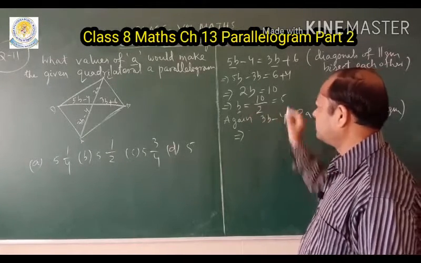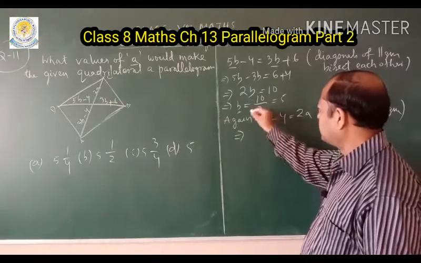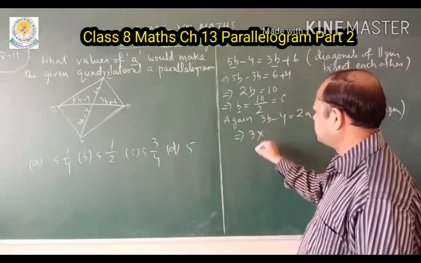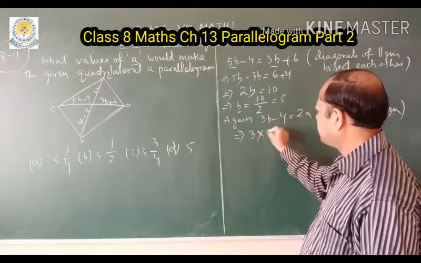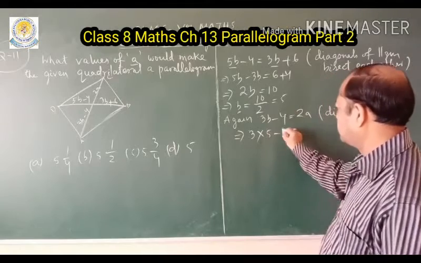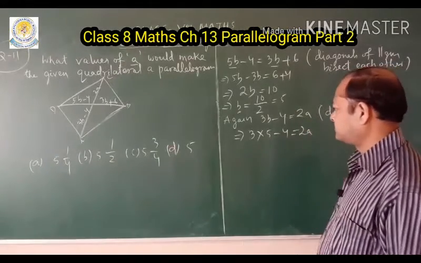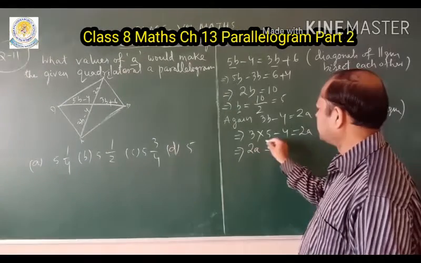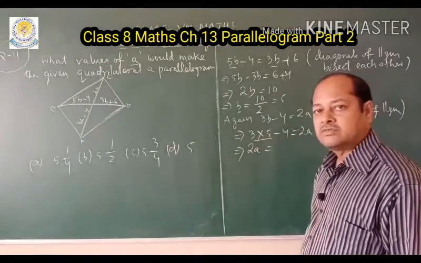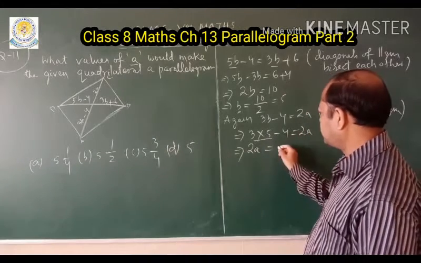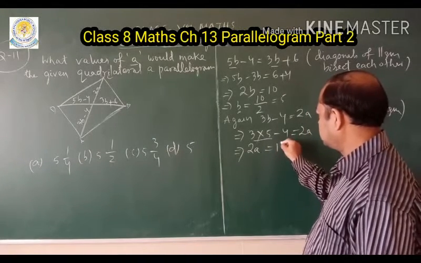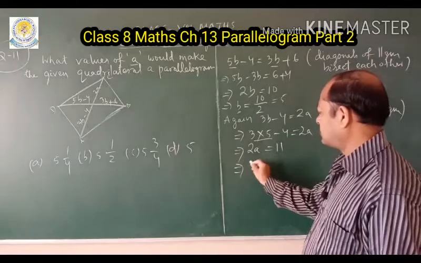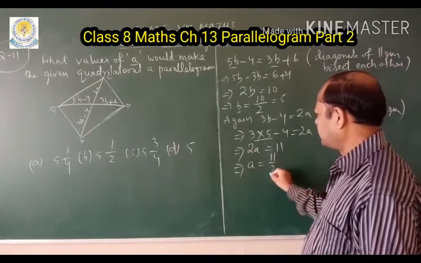We have got the value of b as 5. Put the value of b here. So 3 into 5 minus 4 equal to 2a. Or we can write 2a equal to 15 minus 4, that is 11. Or a equal to 11 upon 2.